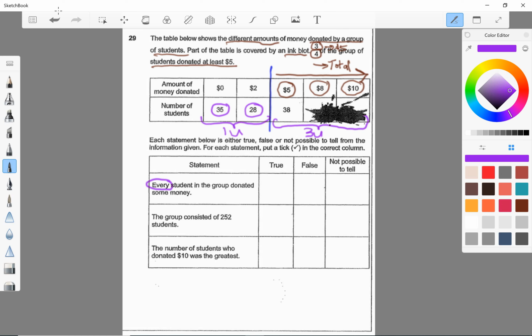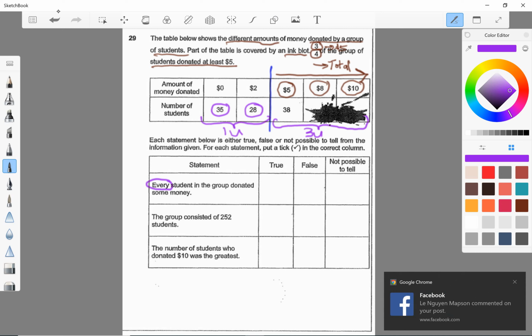So if every student in the group donated some money, there will be nobody that actually donated $0. Let me say this again. If every student in the group donated some money, there will be no one within the category of $0.